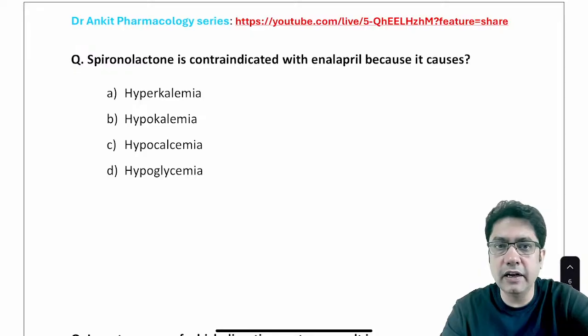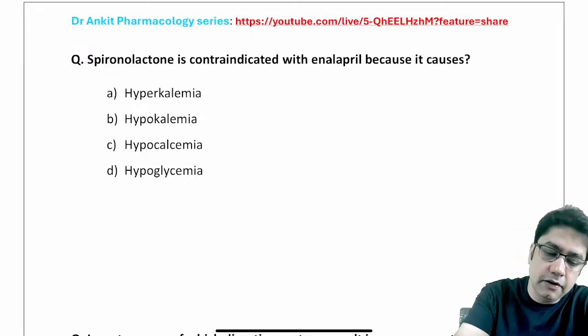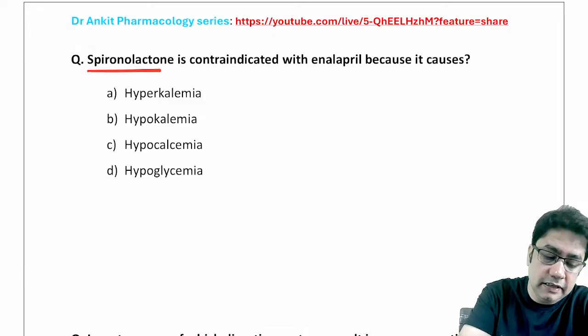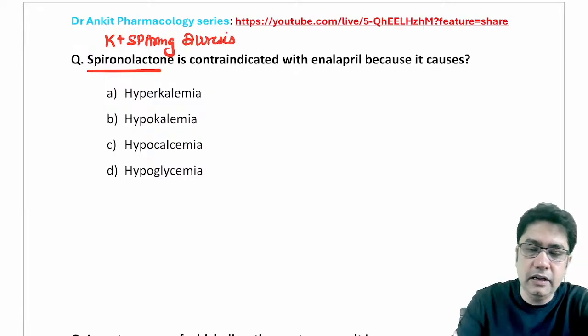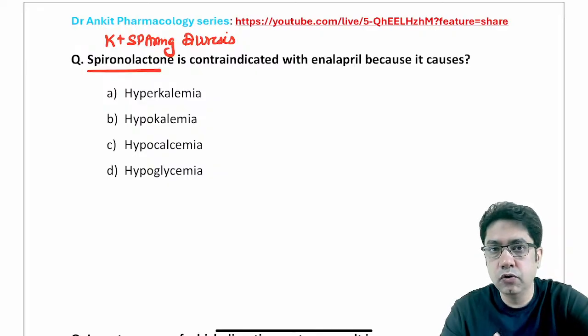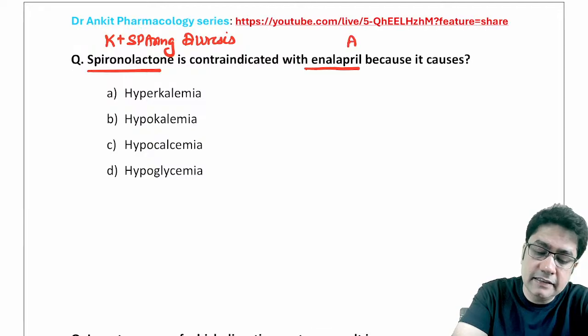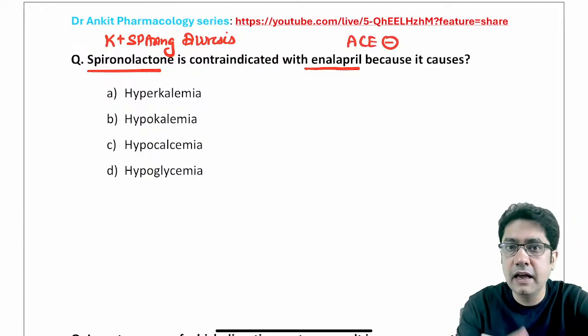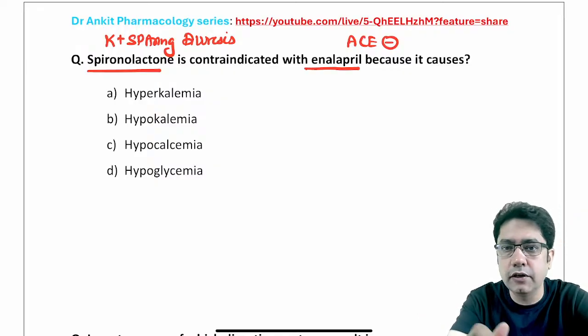Now spironolactone is contraindicated with enalapril. Why? Because spironolactone is a potassium sparing diuretic. It is the only diuretic which will inhibit the excretion of potassium in urine, which will lead to hyperkalemia. Enalapril is an ACE inhibitor, angiotensin converting enzyme inhibitor, and it also causes hyperkalemia, which I am going to tell you shortly.